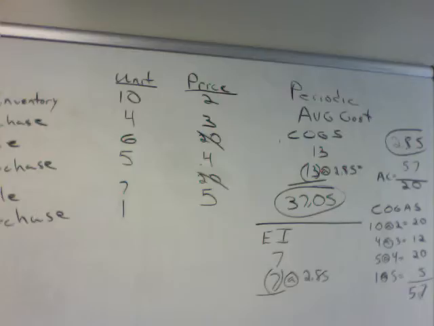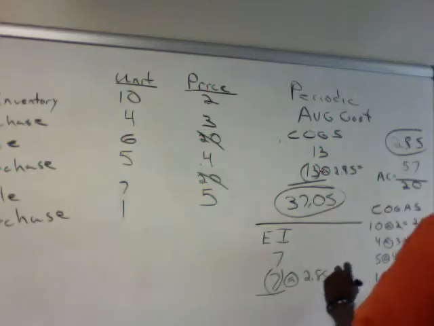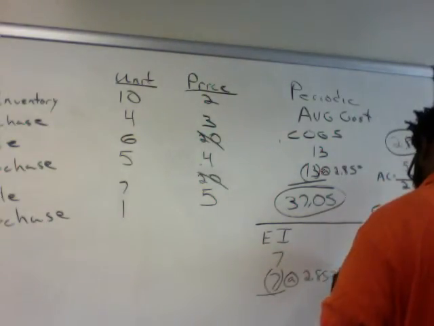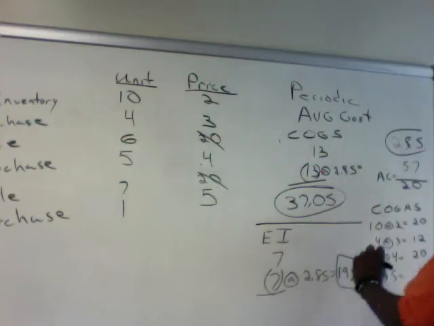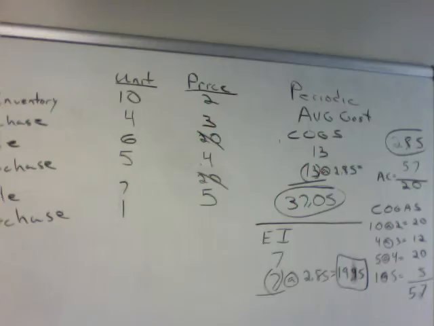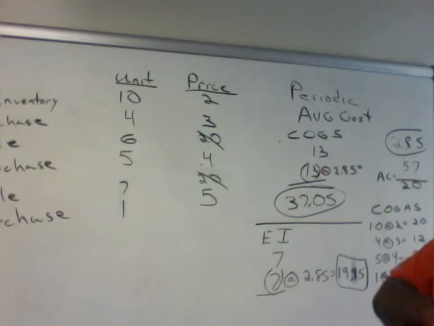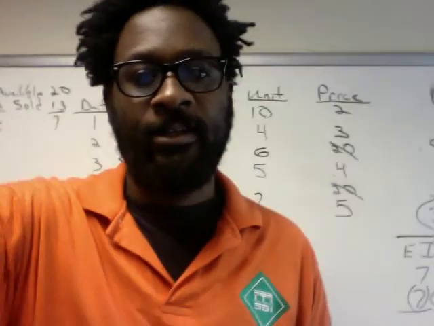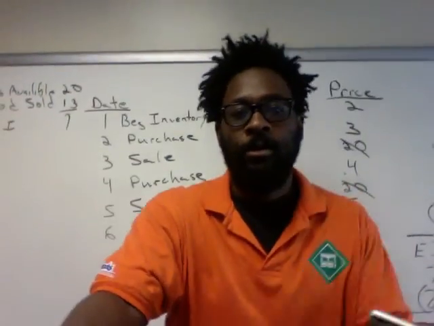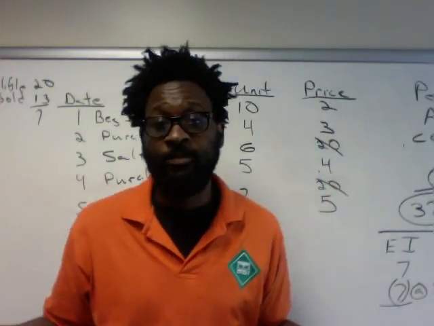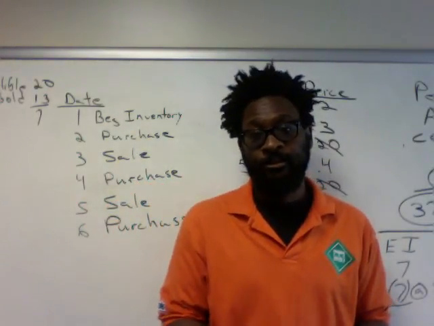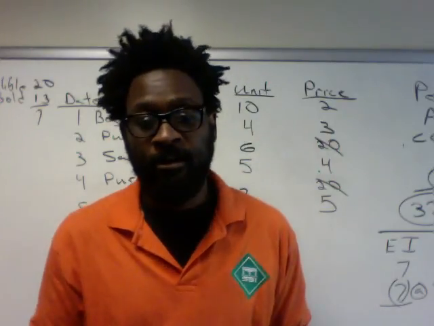So if I take the 7 units and multiply it times $2.85, I should get $19.95, and that will give me my ending inventory. Okay? Basically, that's how you calculate under the periodic system the average cost as well as the LIFO method.